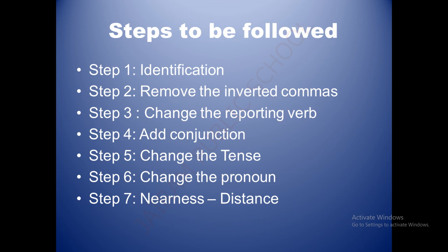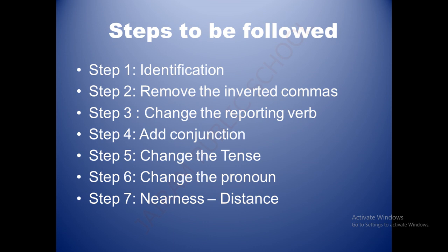And step 4, add conjunctions. According to each kind of sentence, we have a separate conjunction, so that is to be carried over. The conjunction must be added while you're transforming direct to indirect. Step 5, change the tense.